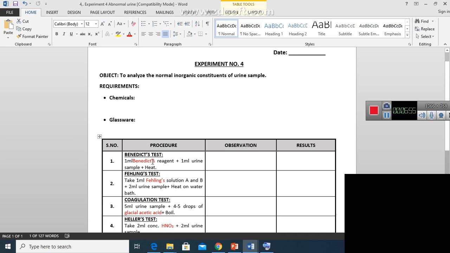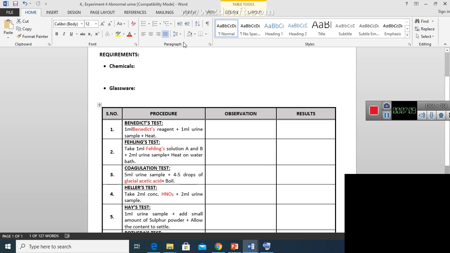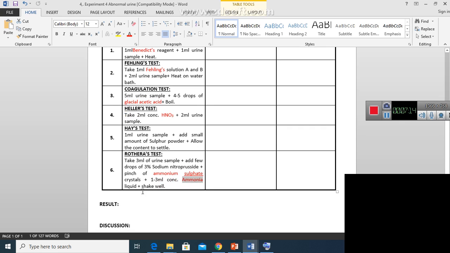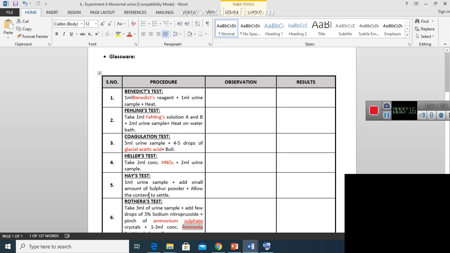Although a reagent is also a chemical, the more appropriate heading for the reagent will be chemicals and reagents. So in your manual you will write chemicals/reagents, and then you will write all these reagents plus the chemicals that are used in this experiment.